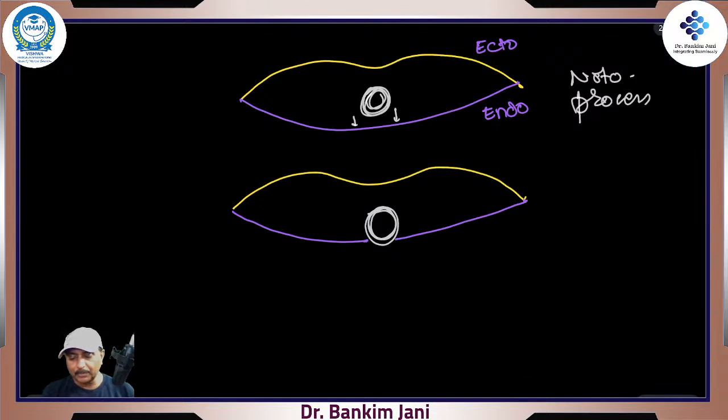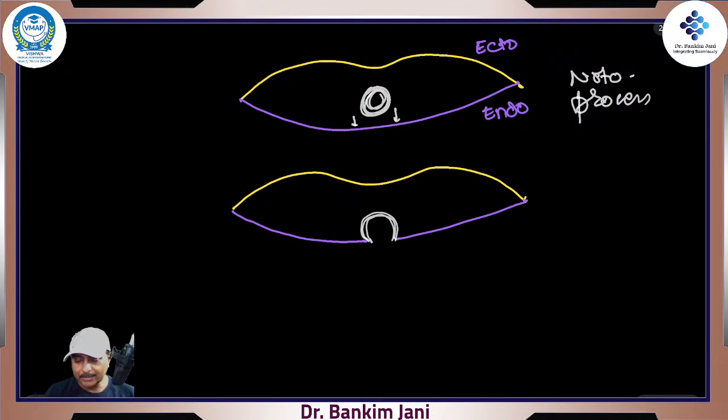Fine. So this is where the neurenteric canal will be prepared. It will come into picture because this endoderm has been taken off. The next stage would be this. Next stage would be this.